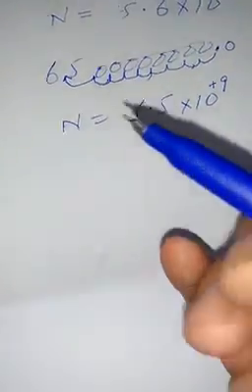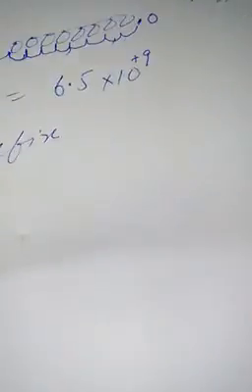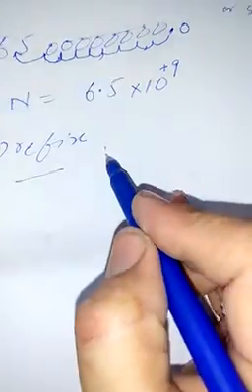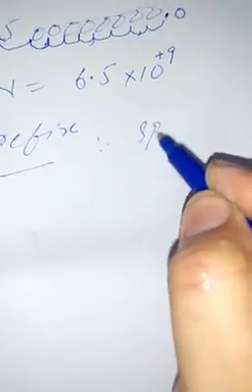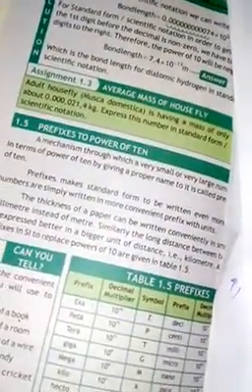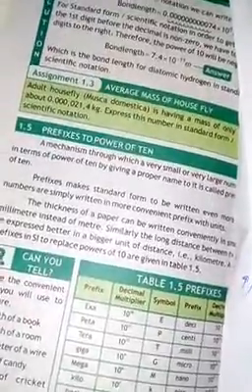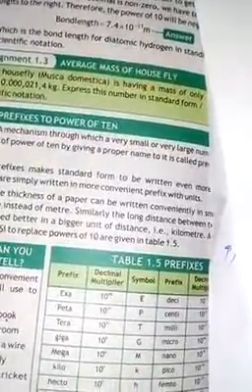Now cadets, the next topic is prefixes. This is also somewhat similar to that one. Prefixes show us specific powers of 10. There are some specific powers of 10 for which we give a special name, and that is termed a prefix.